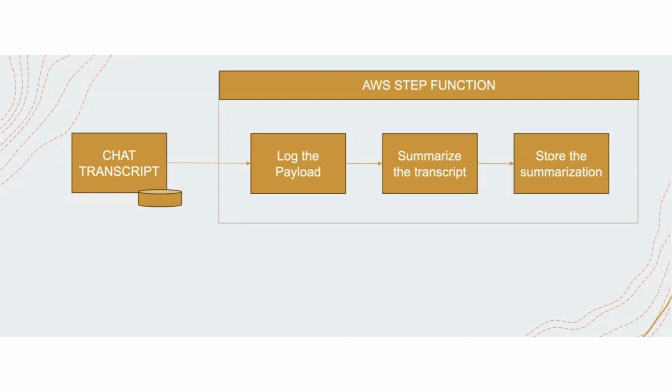If I have to come back and see what the payload is, logging the payload will help me look at it. Then the next step is how I can summarize the transcript, and then finally the output of that summarization, how I can store the summarization in a DynamoDB or in a JSON type of thing, right?